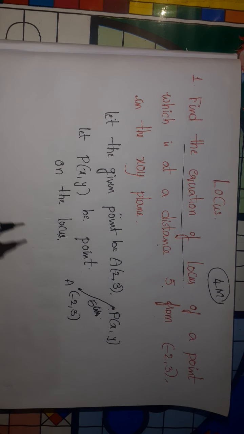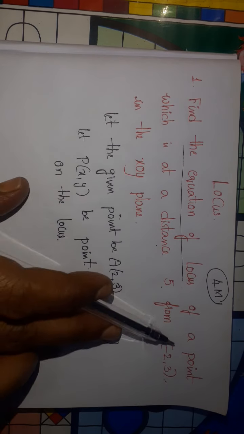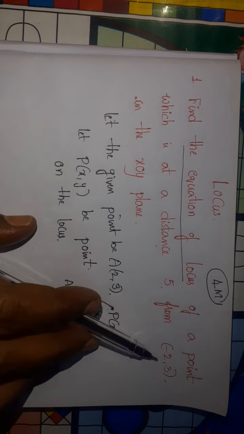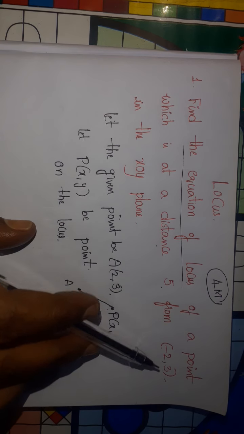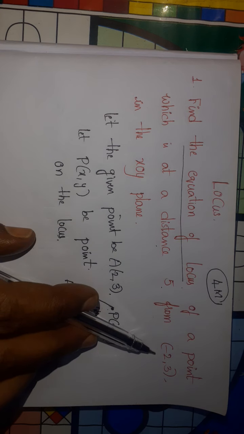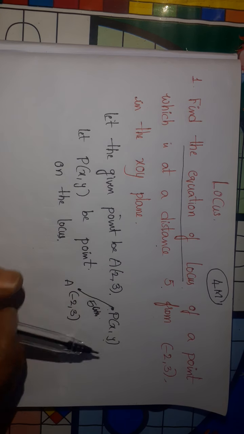Let's solve one problem. Find the equation of locus of a point which is at a distance 5 from point (-2, 3). Instead of 4 we have 5 here. Instead of the point A, (-2, 3) is there.